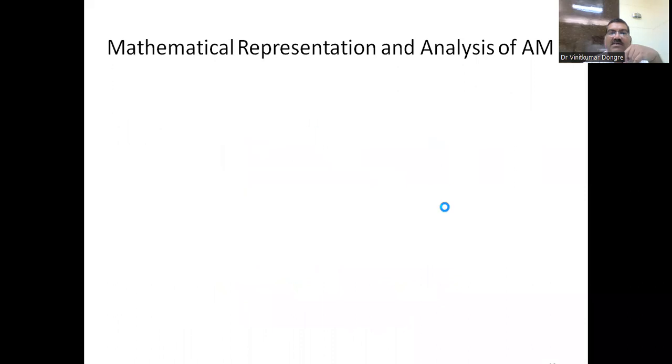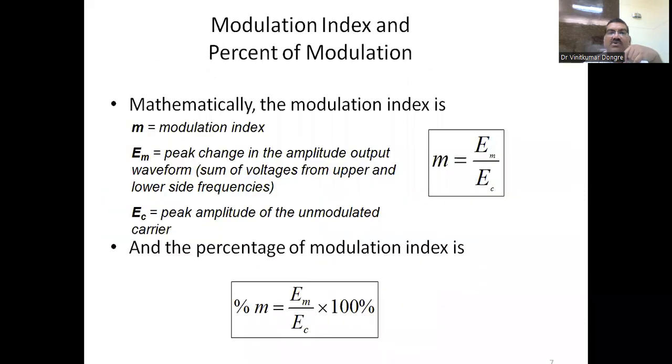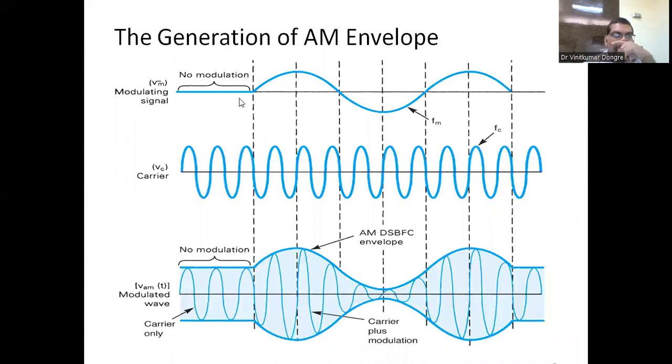Here I have shown very first, which signal is this? This signal is your modulating signal. It has a waveform, it has an equation, and this is the carrier signal. And we have to generate an equation for this. Why we have to do this? Because we have to analyze, we have to improve the quality, we have to understand. So that's why mathematical analysis is required. So understood? This is one signal that is called the modulating signal, low frequency signal.